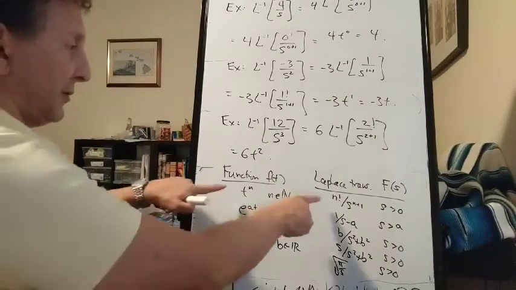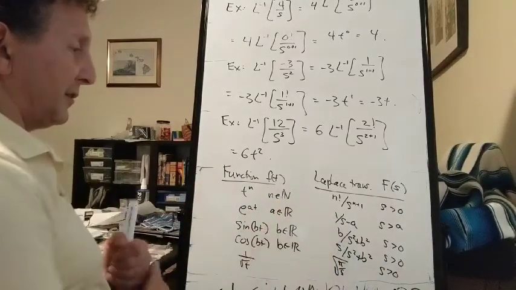Okay, maybe I've done enough with this first row. Let's pick a function that's in one of the other rows.